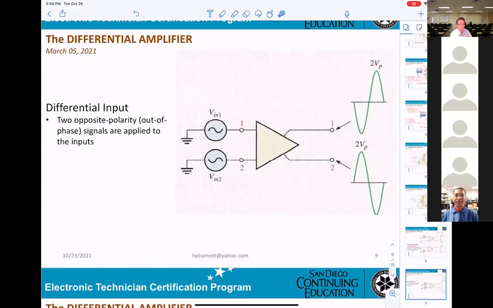If you want to use both inputs, then the signals applied to 1 and 2 must be 180 degrees out of phase. They cannot be in phase. Okay?